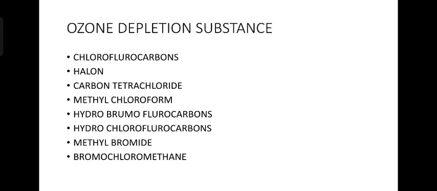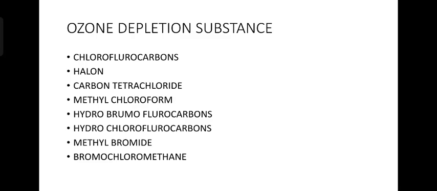So sometimes the question will be regarding which among the following is an ozone depleting substance, or the question could be which among the following is not an ozone depleting substance, because ozone depletion is definitely a major problem. A question related to that is very common in most of the examinations. So it is not that easy to remember all these substances, but you need to somehow create your own kind of tricks to remember these substances.